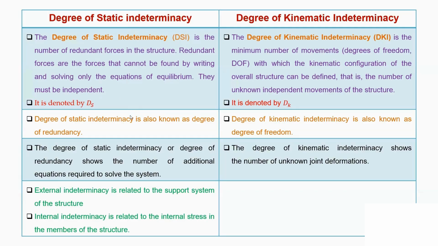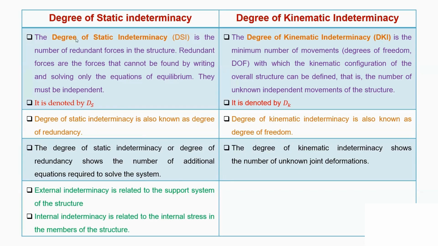The degree of static indeterminacy is also known as the degree of redundancy, whereas the degree of kinematic indeterminacy is also known as the degree of freedom. Static indeterminacy shows the number of additional equations needed to solve the system, and kinematic indeterminacy shows the number of unknown joint deformations. So this talks about the forces, and this talks about the joint deformations.